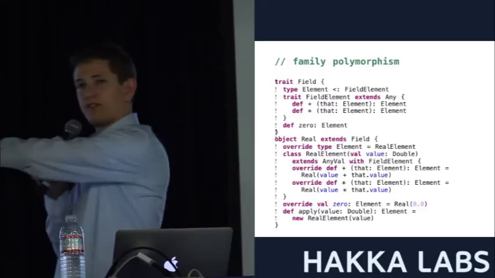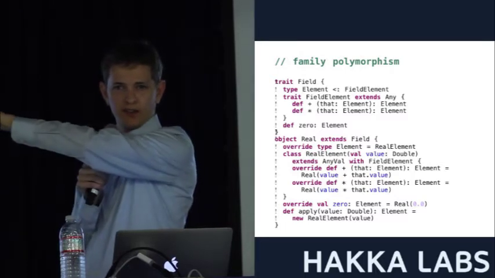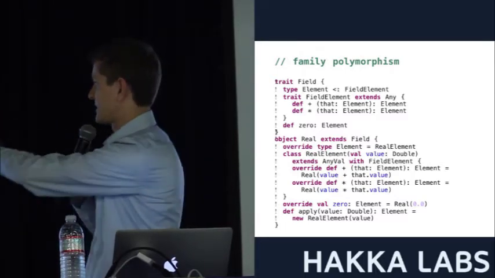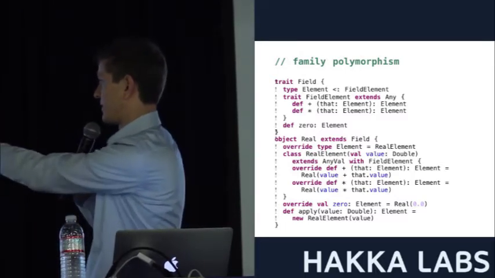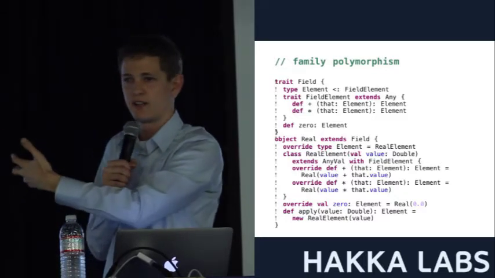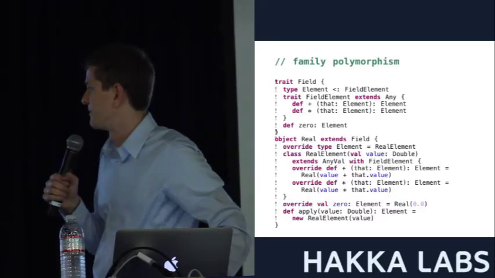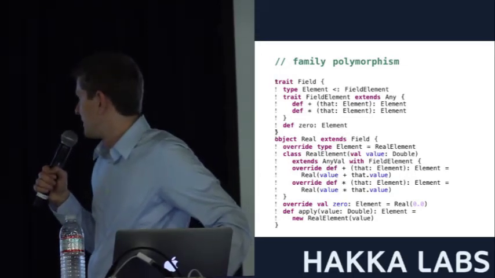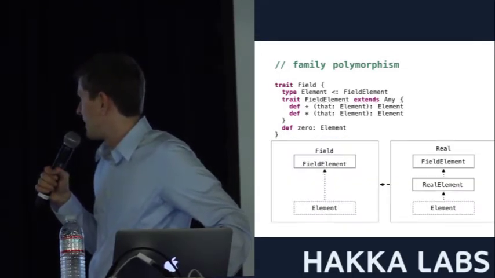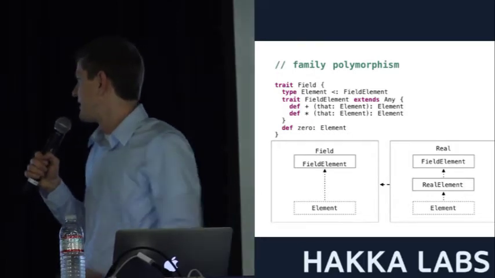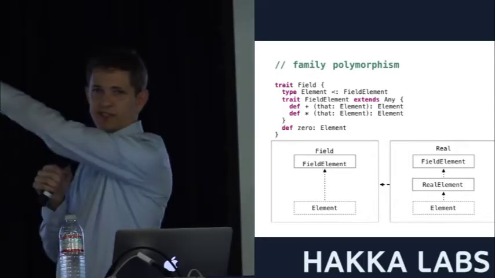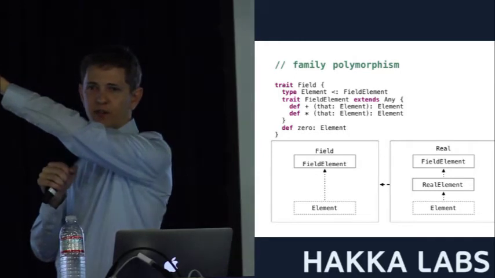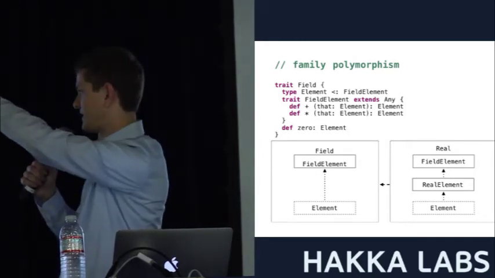And this looks kind of like the Java way with the type parameters, except that there are no type parameters around. In order to use this, you don't need to specify type parameters. So essentially, we have this field type, and we have an abstract type element that says, hey, my upper bound is this field element interface.